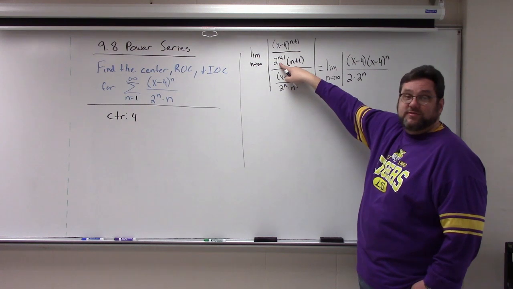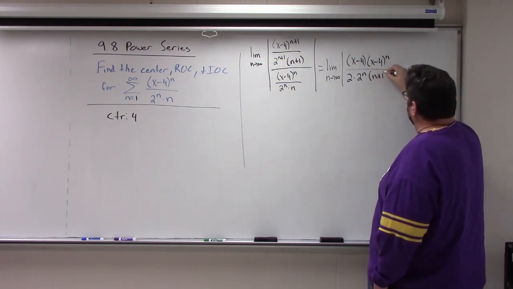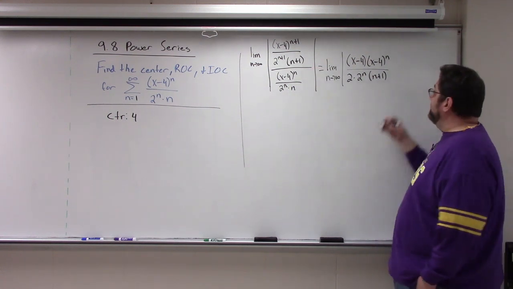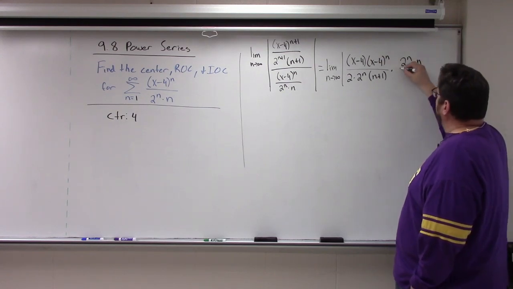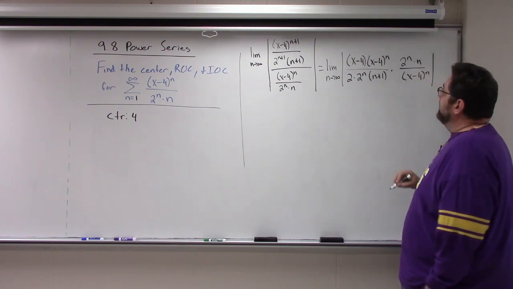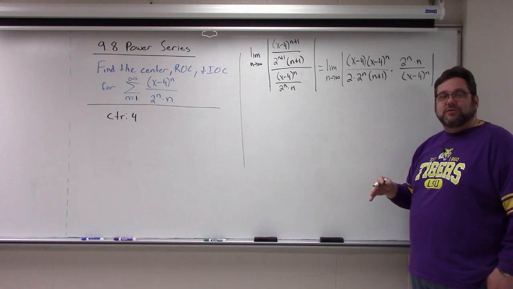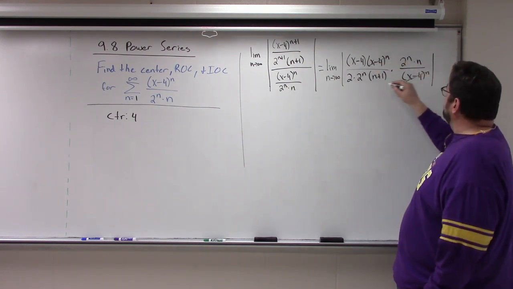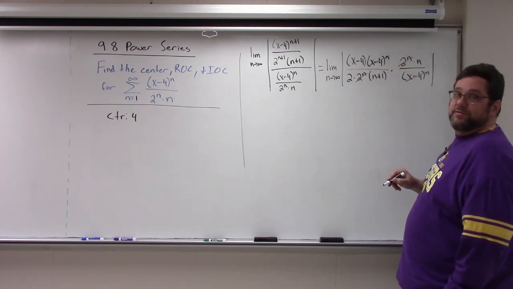I'm breaking this 2 to the n plus 1 up, and then n plus 1 I have to leave alone. Dividing by a fraction, we multiply by the reciprocal, so this is 2 to the n times n over (x minus 4) to the n. I didn't have to do all that splitting apart with algebra, but I like to do it because it makes it a little cleaner. When things start crossing out, they just cross out wholesale.